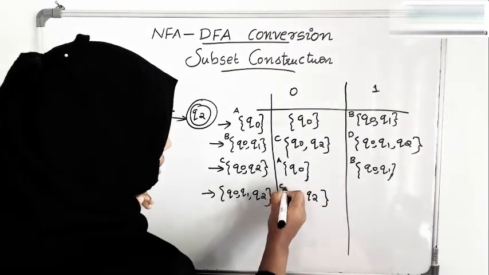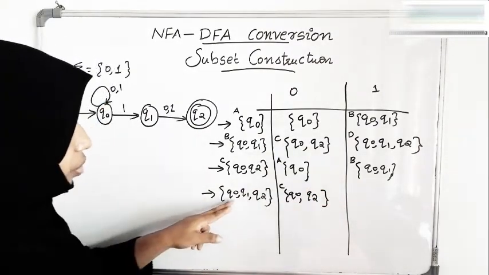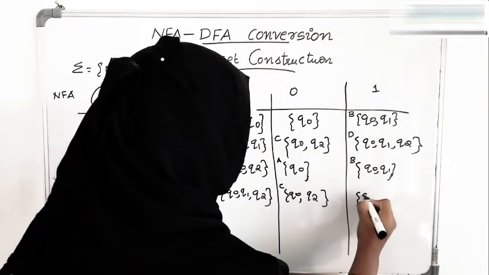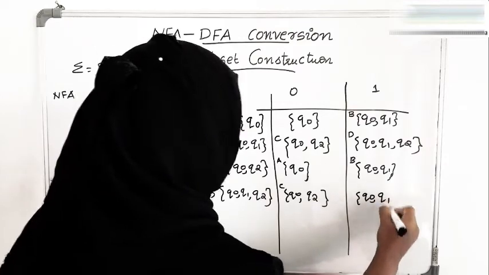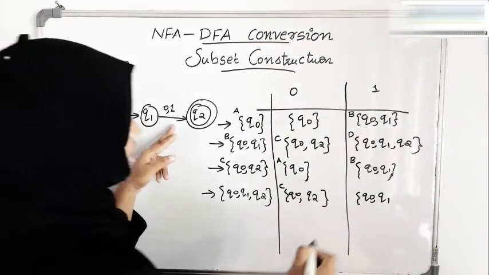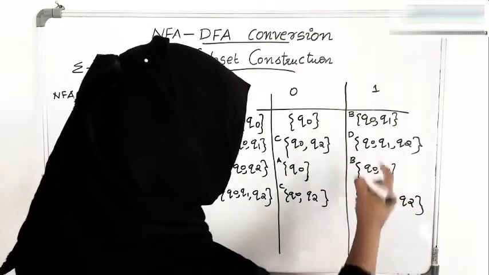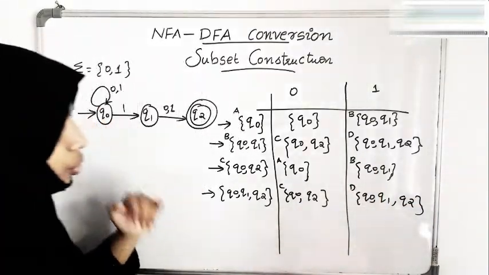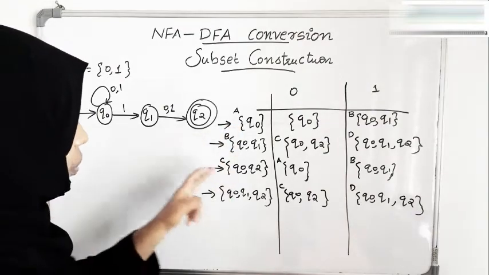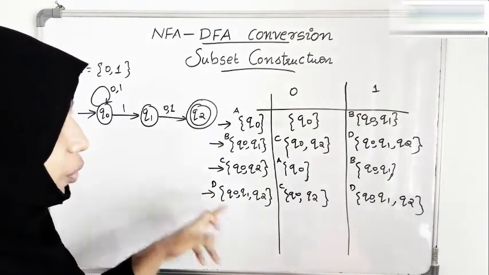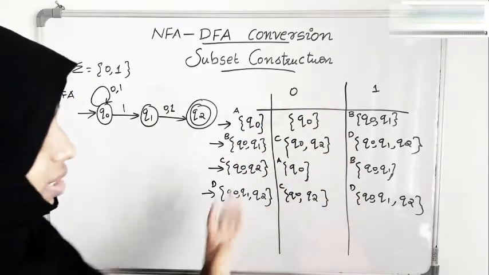This is already the state C. Now Q0, Q1, Q2 on 1. Q0 on 1 gives you Q0, Q1, and Q1 on 1 gives you Q2. And this is the same state D. So no new states. A, B, C and D have all been processed, and no new states.